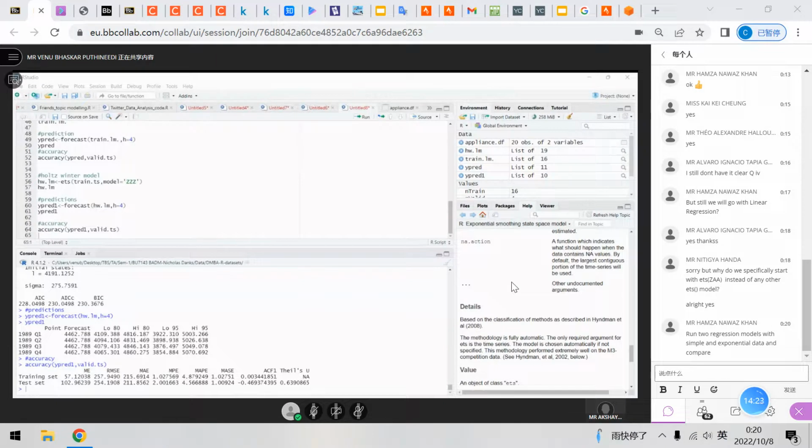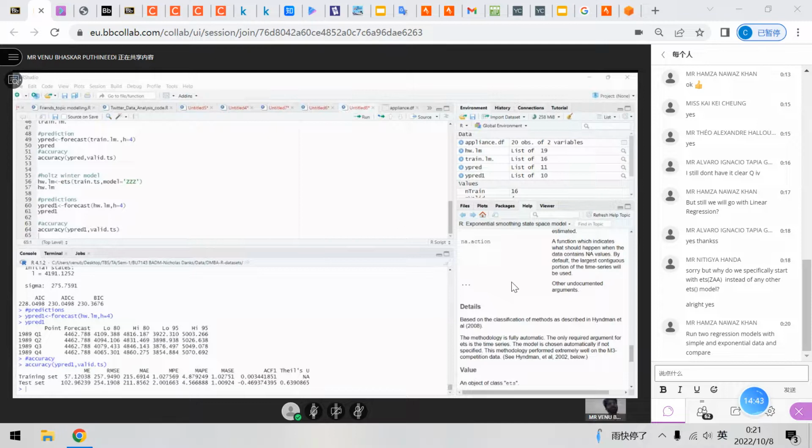Venu, can you repeat the answer for 18.6D? Which one? The 18.6C, fourth one. Fourth one.